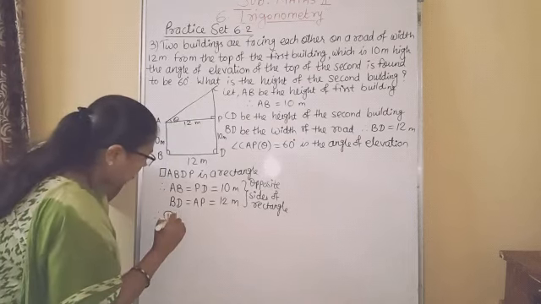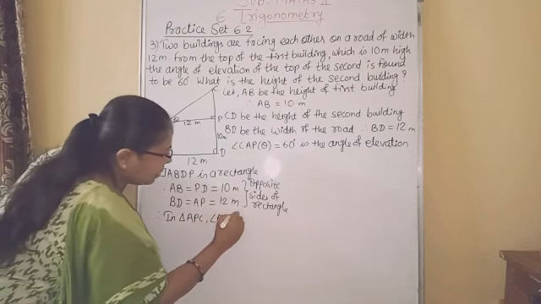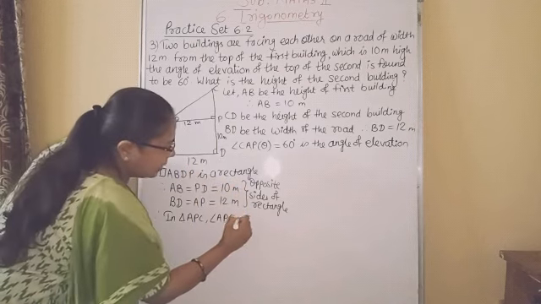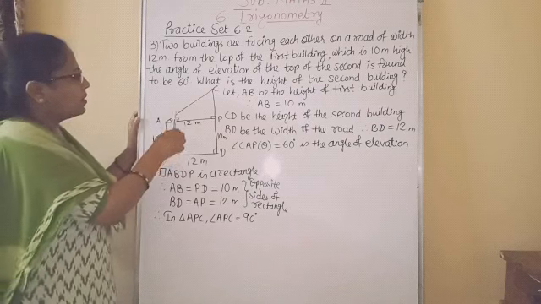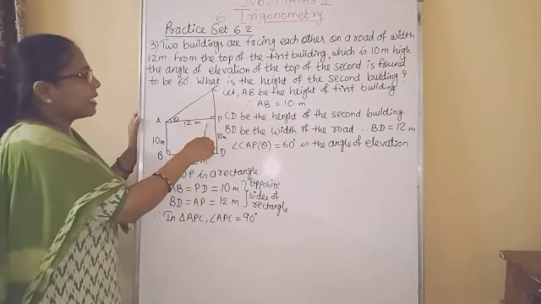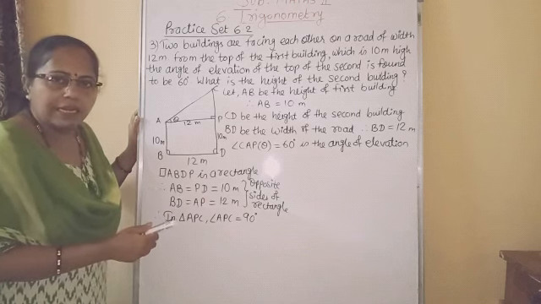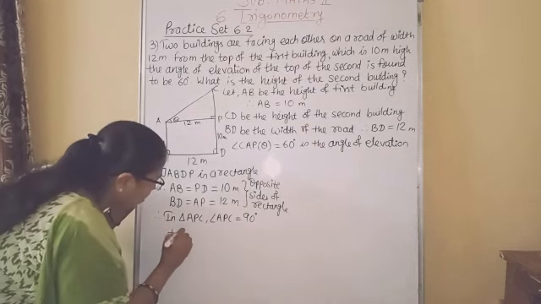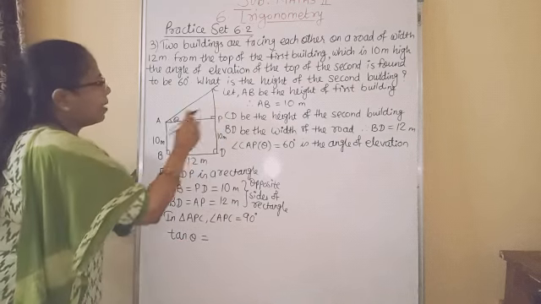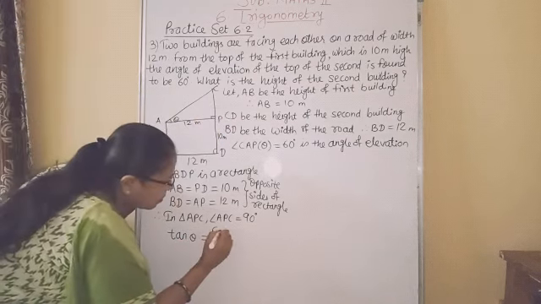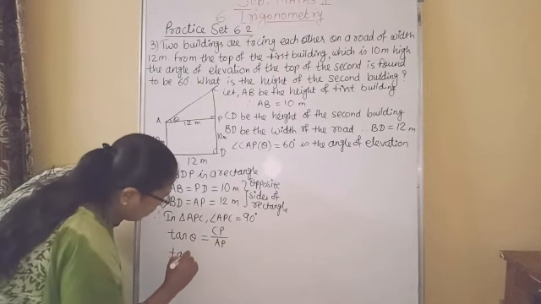Therefore, in triangle APC, angle APC is equal to 90 degrees. Therefore, we can apply trigonometry here. Okay. With respect to theta, the adjacent side is given and we have to find the opposite side. So, again we will use the tan ratio. Tan theta is equal to CP upon AP. Now, theta is given as 60 degrees.